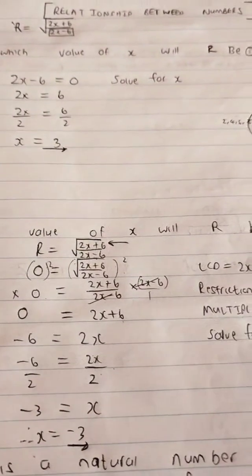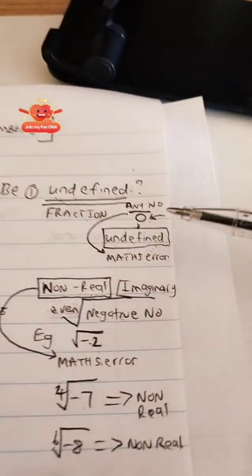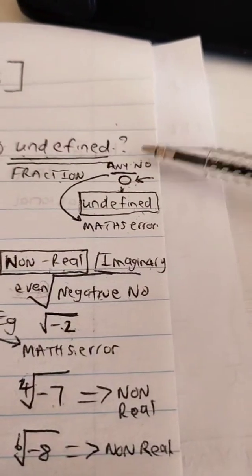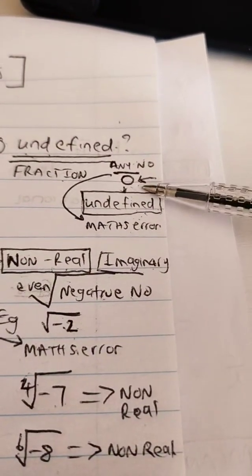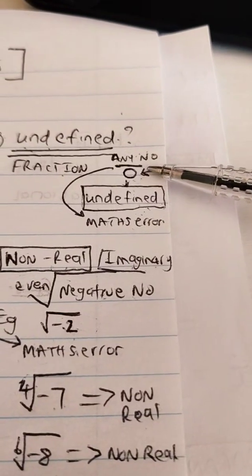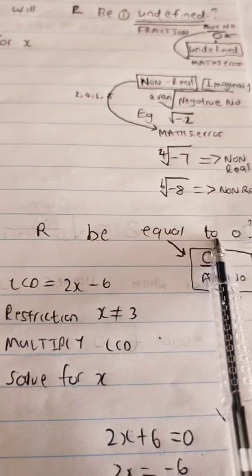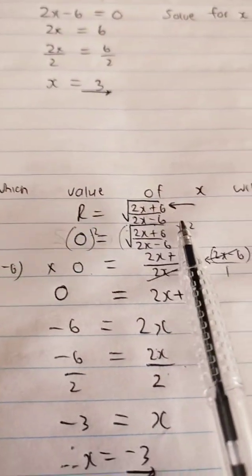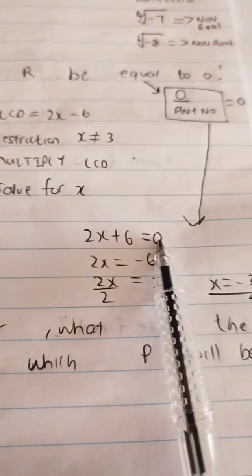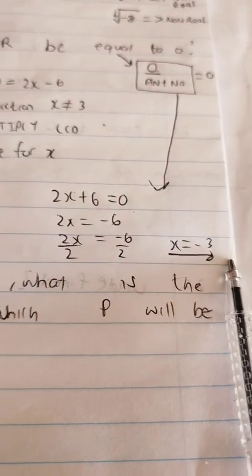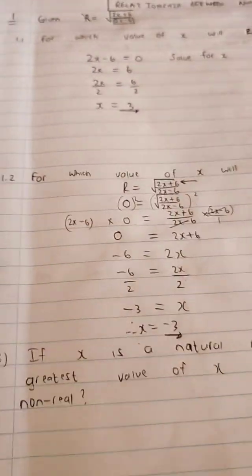I need you guys to really internalize these two concepts. The concept of undefined, which means any number divided by 0, and the concept of an expression being equal to 0, taking the numerator this time round, equating it to 0, and solving for x. Okay, right, let's move on.